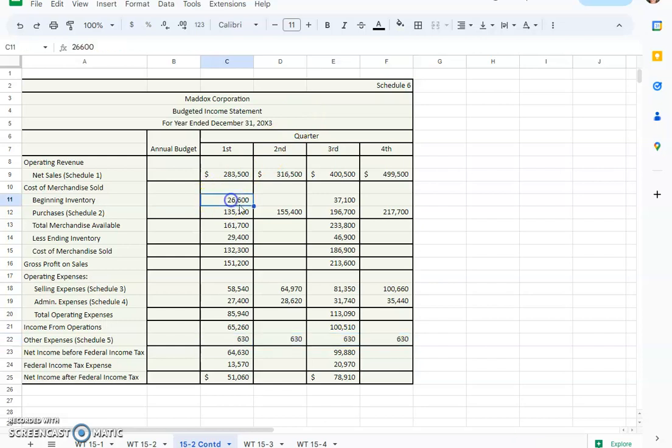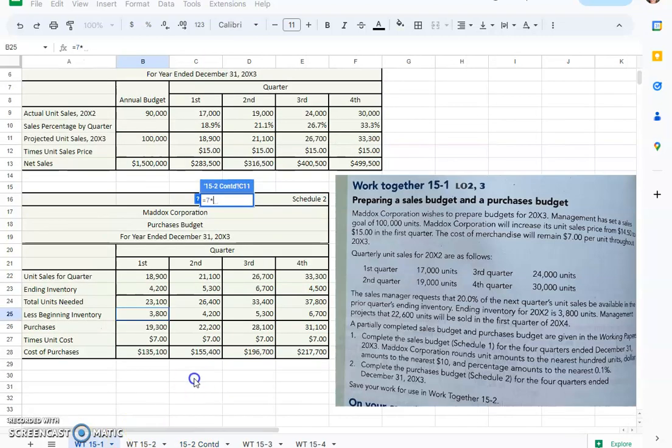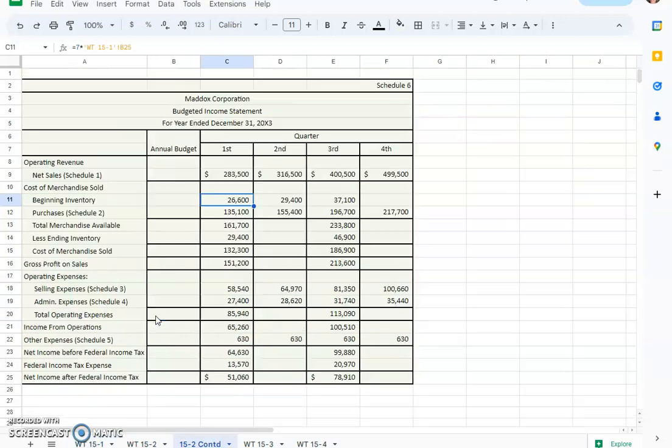Like we've got our beginning inventory, 26,600. So this 26,600 would be our unit cost, which problem 1 said that it was $7. So it's $7 times, we don't have to put a dollar sign in here, just 7, times our beginning inventory, which was here, 3,800.